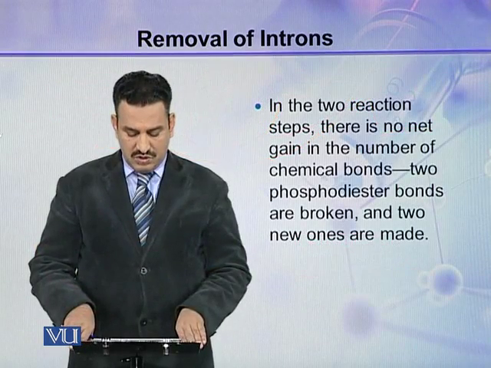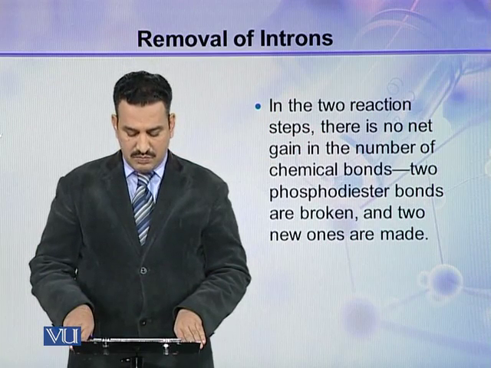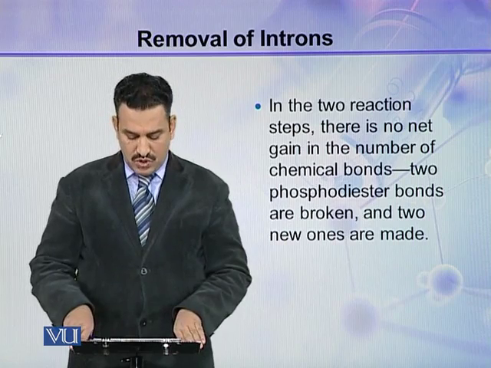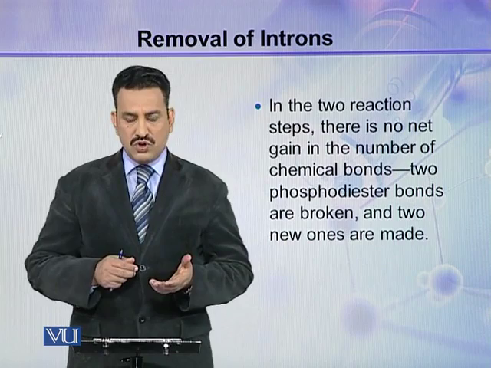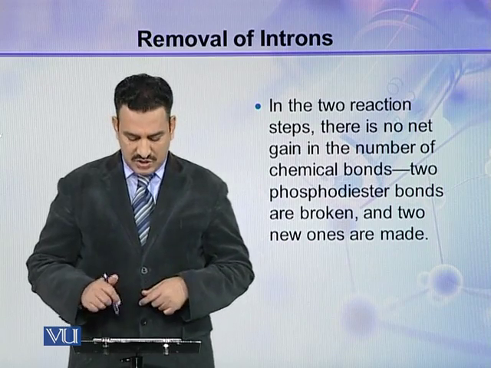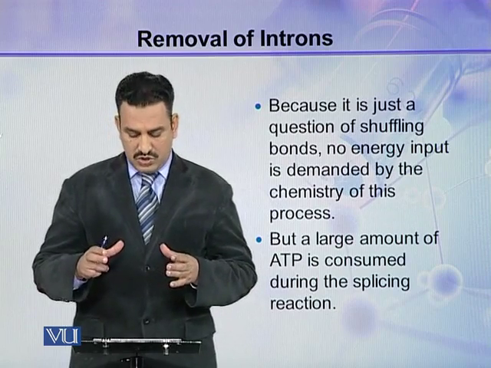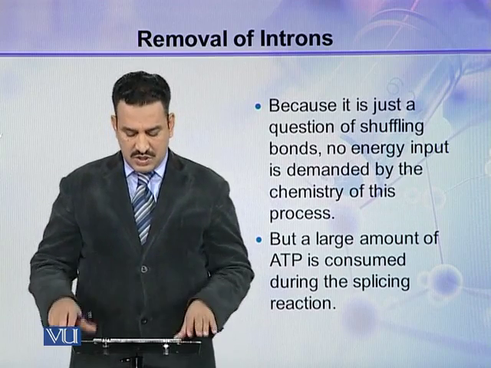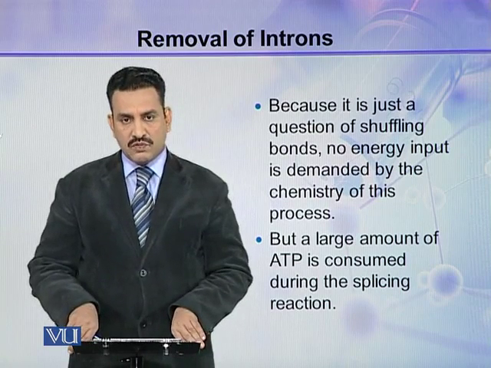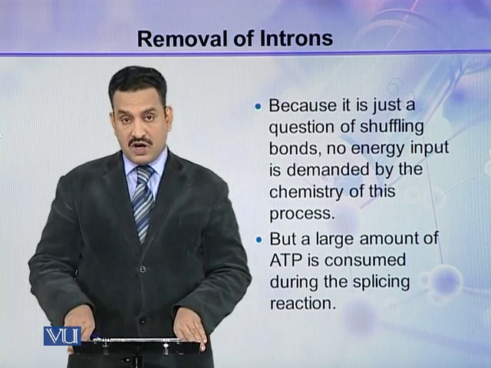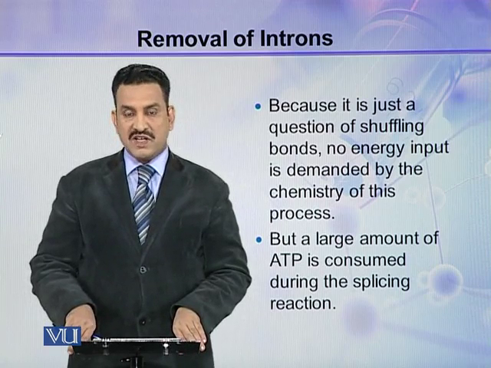In the two reaction steps, there is no net gain in the number of chemical bonds. Two phosphodiester bonds are broken and two new phosphodiester bonds are formed. Because it is just a question of shuffling bonds, no energy input is demanded by the chemistry of this reaction. But a large amount of ATP is consumed during the splicing reaction.